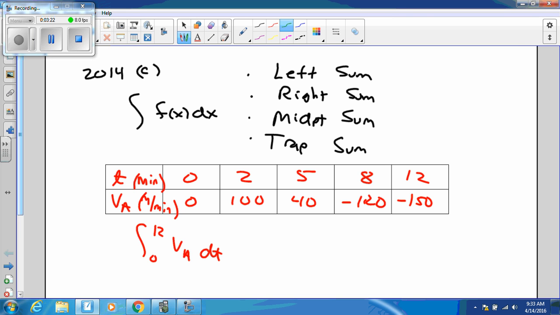And for the left sum and the right sum and the trapezoidal sum, my partition is going to be according to the number of intervals that they tell me. Counting data points here, 5 data points, out of that I can form a partition with 4 different subintervals, right?